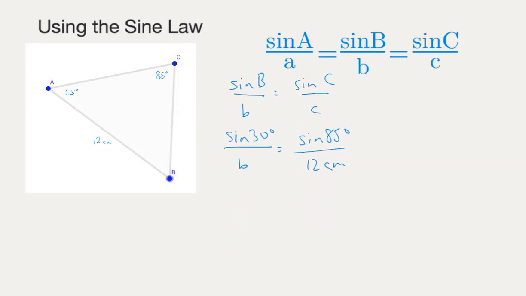Just doing some quick cross multiplying, I'm going to have B equals 12 times sine 30 degrees over sine of 85 degrees. On my calculator, 12 times sine 30 divided by sine of 85, and I get a number of around 6.0. So it looks like side B here must be 6.0 centimeters, and I was assuming that this was 30 degrees. There you go, using the sine law.